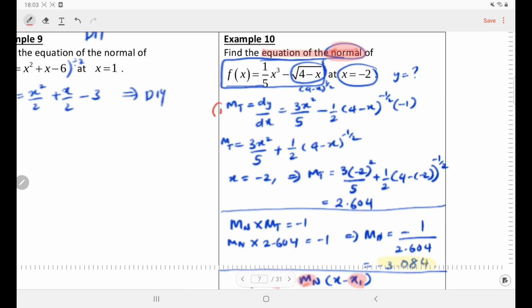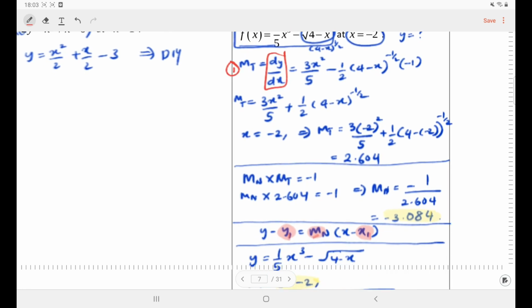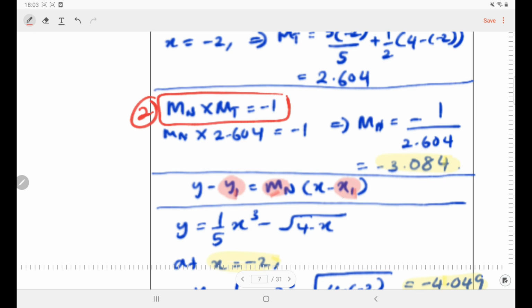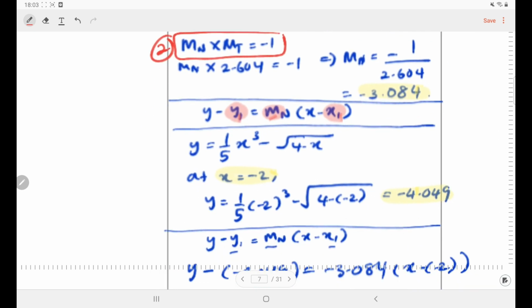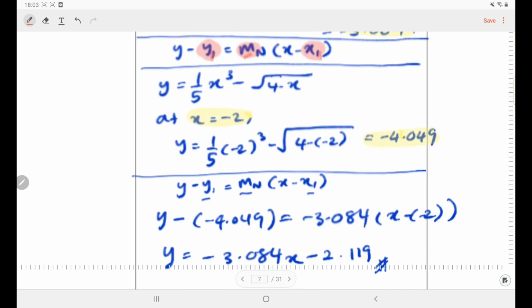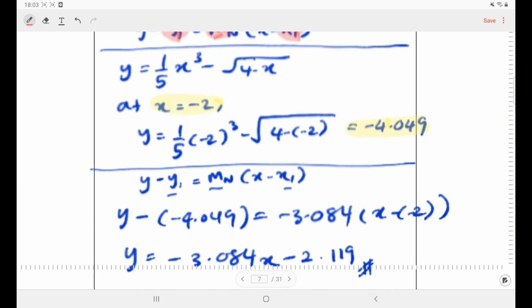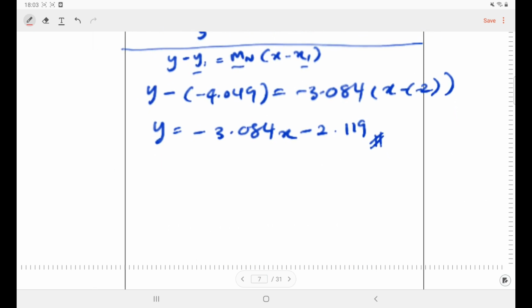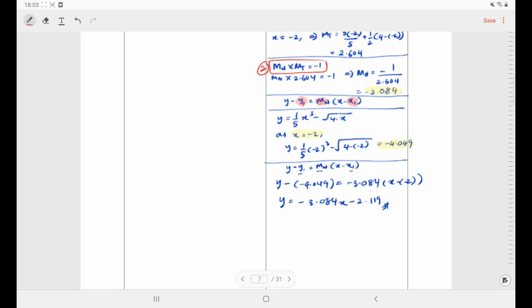Okay, so the gradient of a tangent here by using dy over dx. Okay, but we are not looking for the gradient of the equation of tangent. That's why the second step, we have to find mn by using this formula. Okay, next, based on this equation, we need to have x, m and y. It means we must first find Y. That's why the third step is to find the value of Y. Once we have everything, then we substitute it into the straight line equation. So those are the steps for finding the equation of the normal.